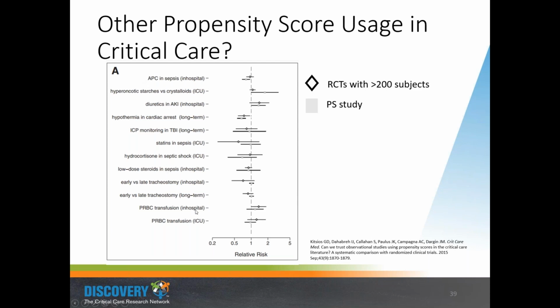low-dose steroids. And what you can see here is that in many cases, the results of the propensity score study and of the RCT were similar, both on the same side of this relative risk threshold of 1, and in some cases very close effect estimates. But in some cases, they were actually quite different.